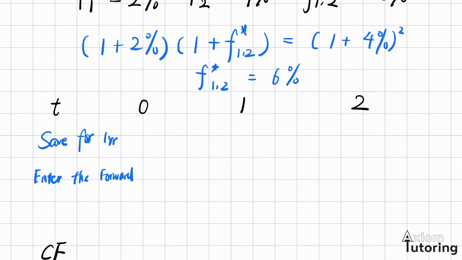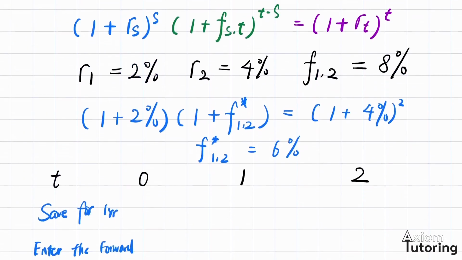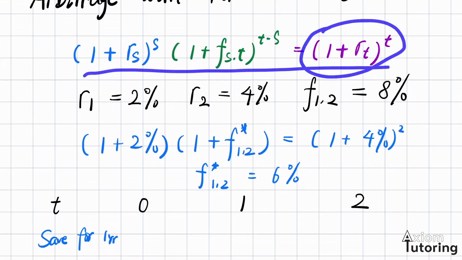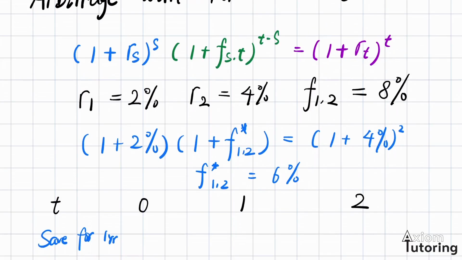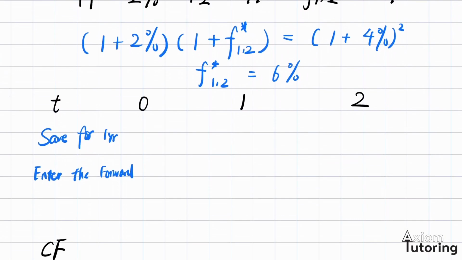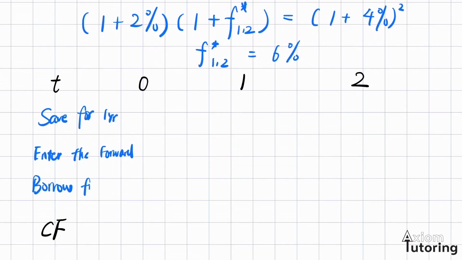But where do we get this money? We can just borrow it, because we need to do the opposite of the right-hand side. The right-hand side tells us to save for 2 years, but we're not doing that because it's mispriced and very cheap compared to the left-hand side. So we're just going to borrow on the cheaper side, and borrow for 2 years.